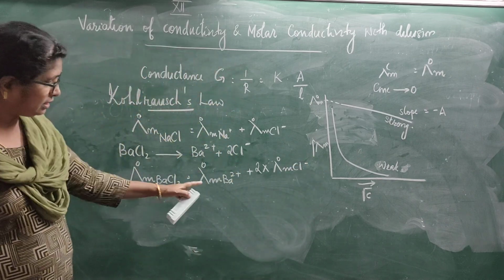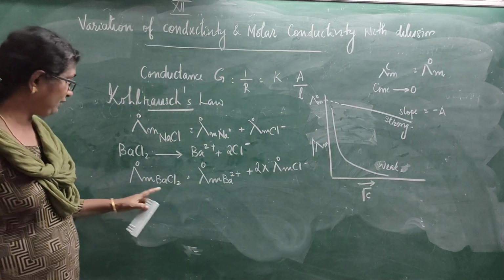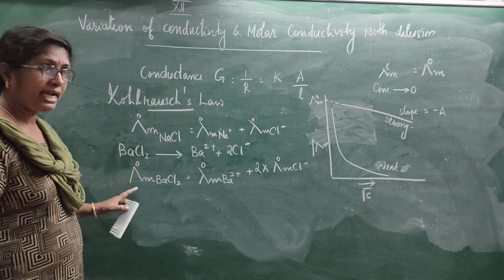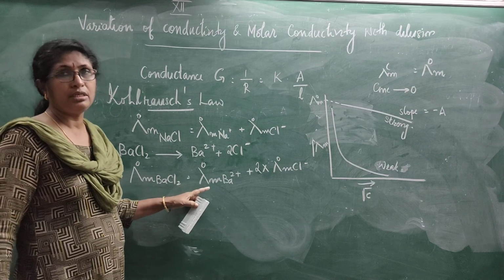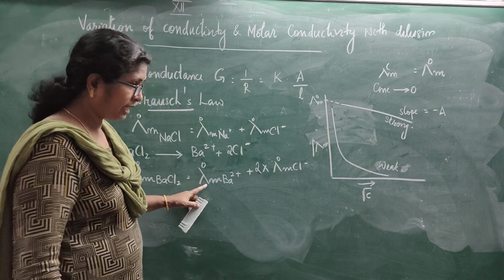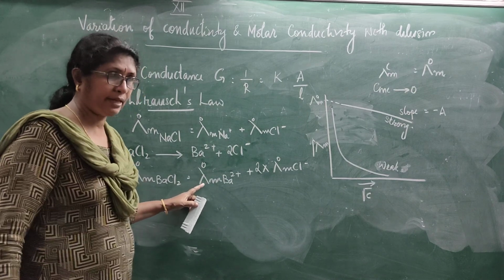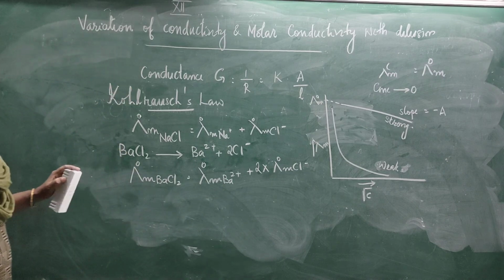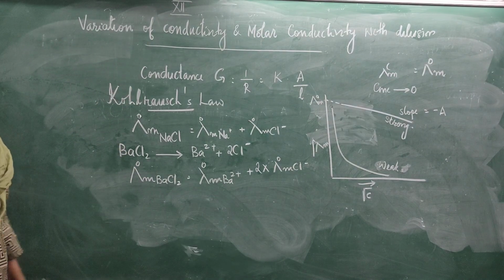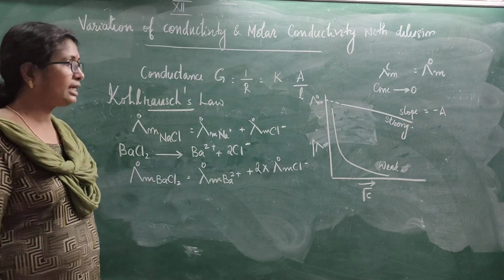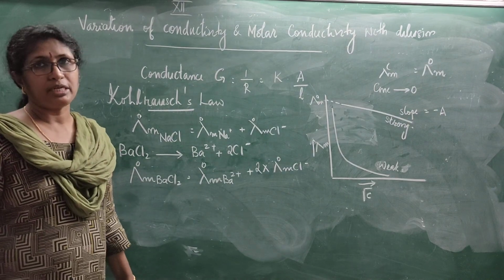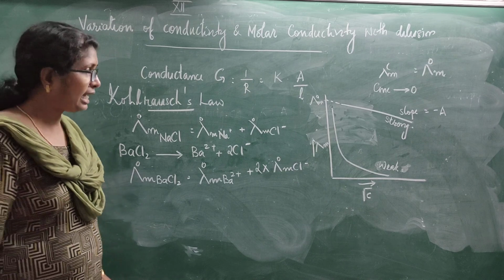Now, for the molar conductivity of the compound, that is any compound, you will write the capital lambda, and for each ion, cation and anion, you use small lambda. So this is Kohlrausch's law. You can write the limiting molar conductivity of an electrolyte as the sum of the molar conductivities of the contributing ions, that is the cation and anion.